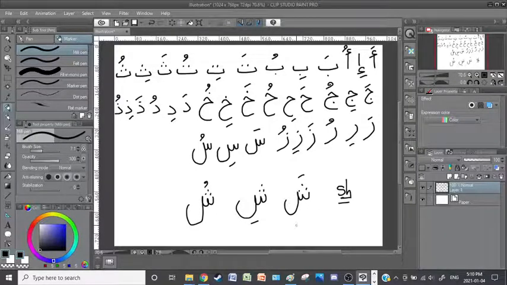Sheen with a fatha is sha, similar to what Persians refer to their king as Shah, but without the H. Sheen with a kasra is she, the pronoun. Sheen with a dhamma is shu. Or shu, if you wish to shoo someone.